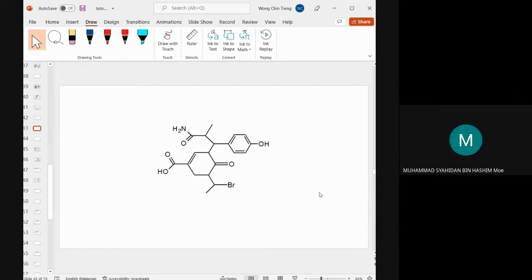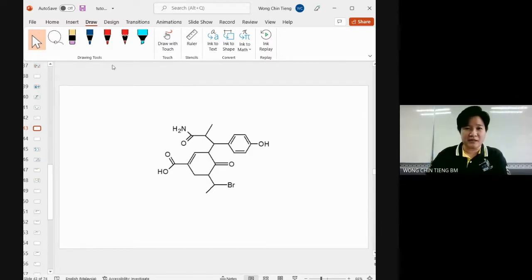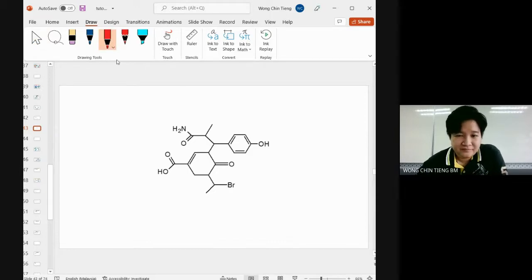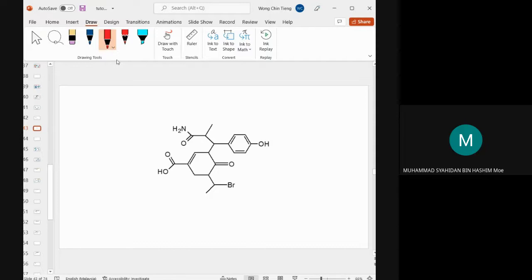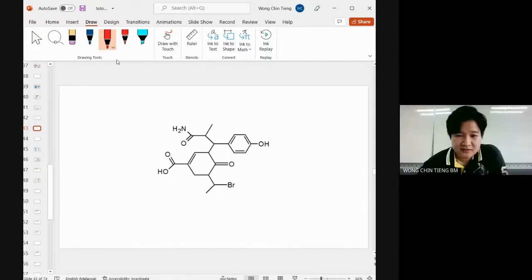Lima juga, Miss. 5. Syahidan yang pertama yang Syahidan jumpa. Yang dekat BR tu satu. Dekat BR satu, carbon yang pegang BR. Okay. Buruk pula asterisk aku. Okay. Lagi?